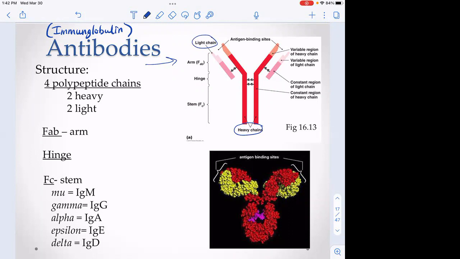This fragment, this part at the top, sometimes we refer to as the arm, like you're sticking your arms up like this. It's also referred to as the FAB, in other words, fragment of antibody binding.